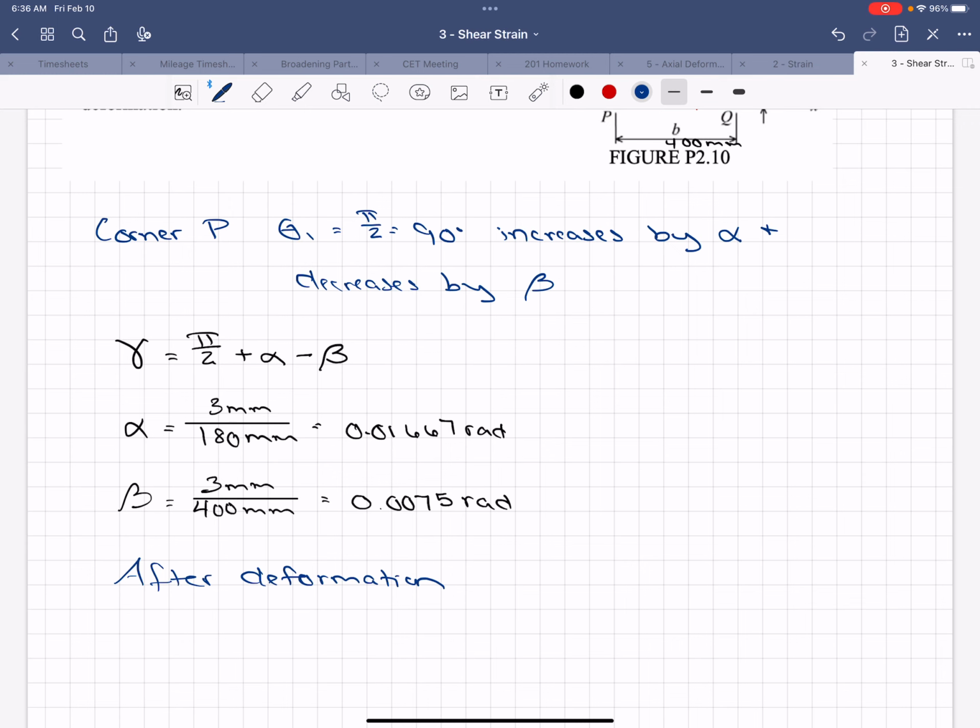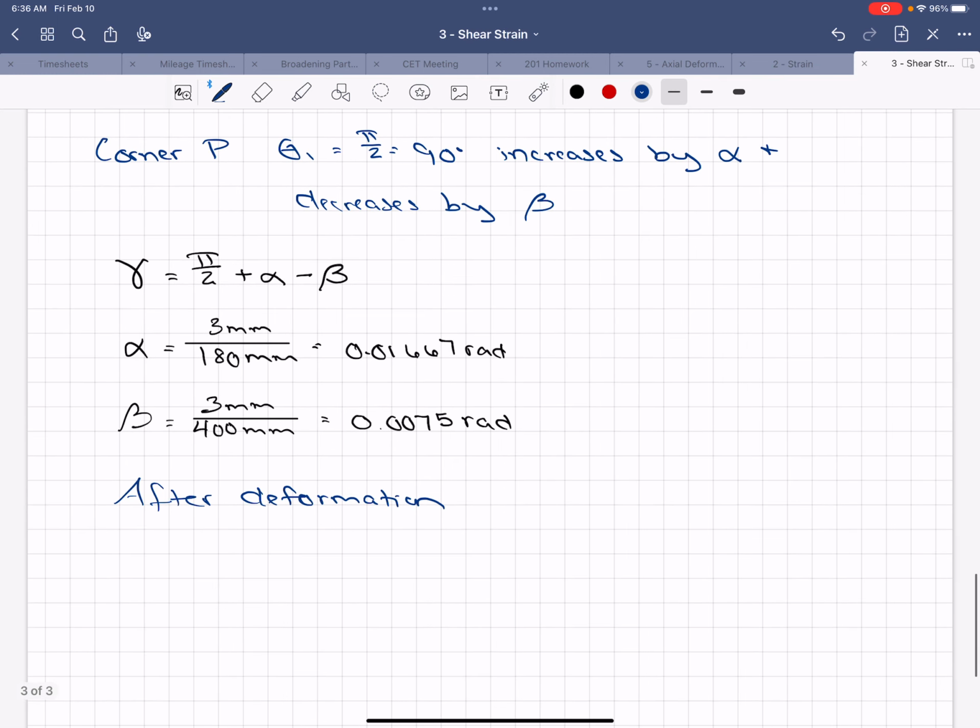So now after deformation, we have that theta 2 equals pi over 2 plus alpha minus beta.